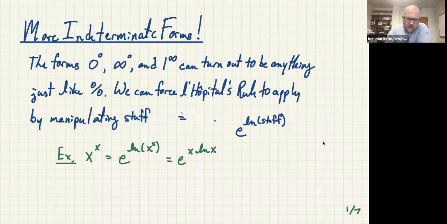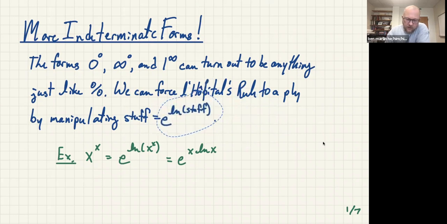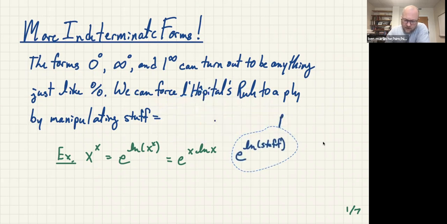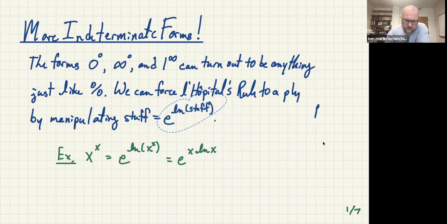What you need is that you can take stuff and rewrite it like that, okay?